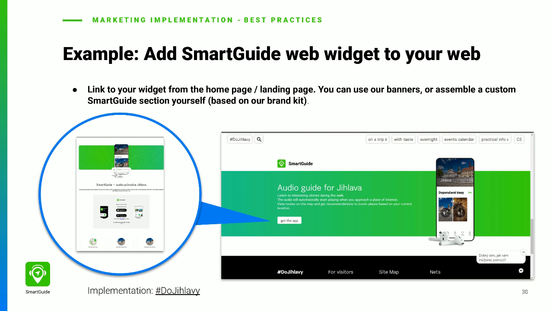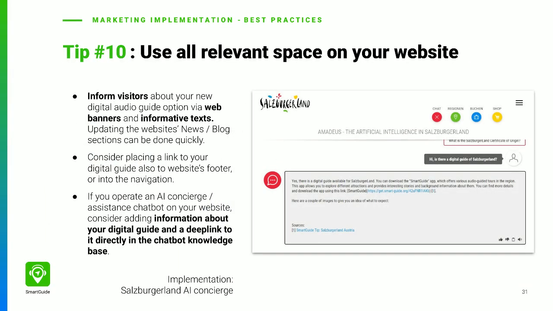You can use our banners, or assemble a custom SmartGuide section yourself, based on our brand kit. You can also use web banners and informative texts to mention SmartGuide on your web and in your web's navigation. Updating the website's news or blog sections can be done quickly. Consider placing a link to your digital guide also to website's footer or into the main navigation.